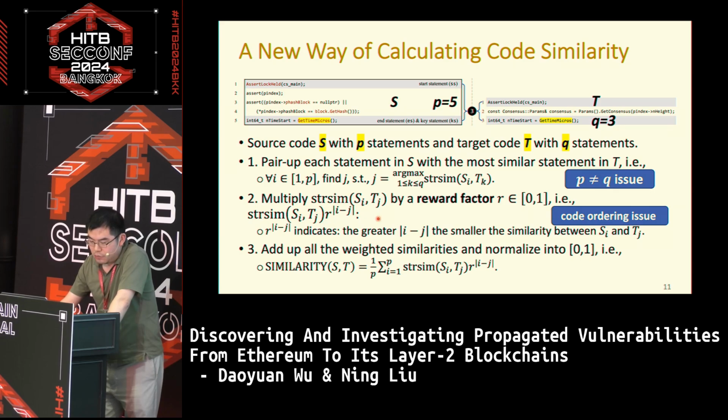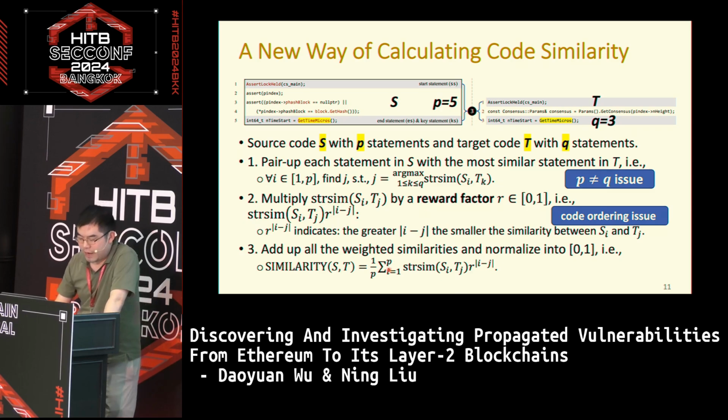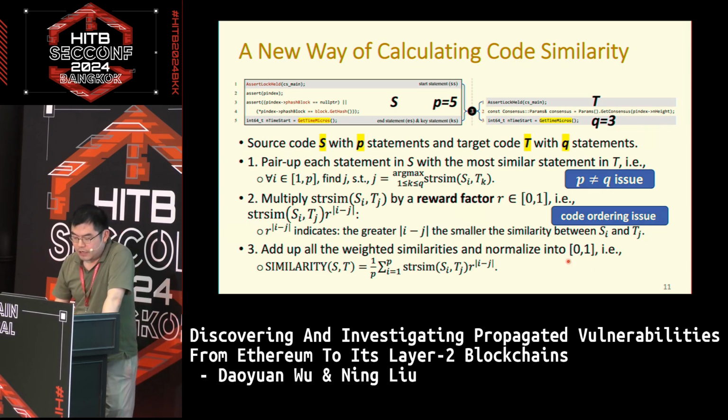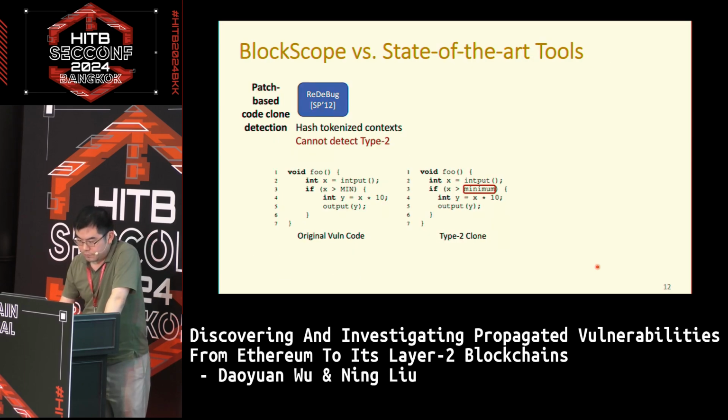Weighted means we multiply the line-wise similarity with the reward factor. Finally, we add up all the line-wise similarity, and we obtain the similarity of the whole piece of source code and the target code. And finally, we also normalize it into the range between 0 and 1.